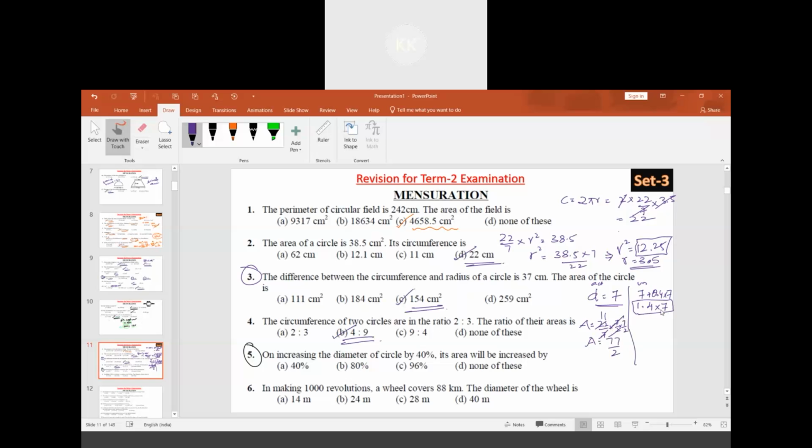If this is the new diameter, area will be now 22 by 7 into 1.4 into 7 divided by 2 into 1.4 into 7 divided by 2. 7 gets cancelled, this will be 11 times 1.4 into 1.4 into 7 by 2.